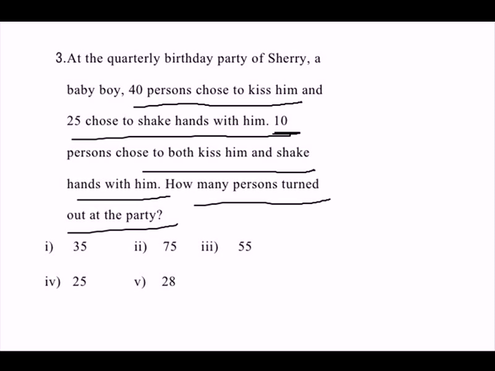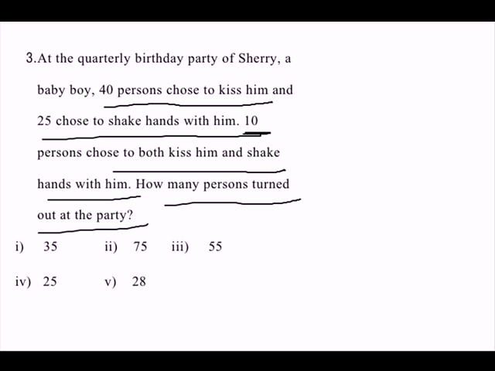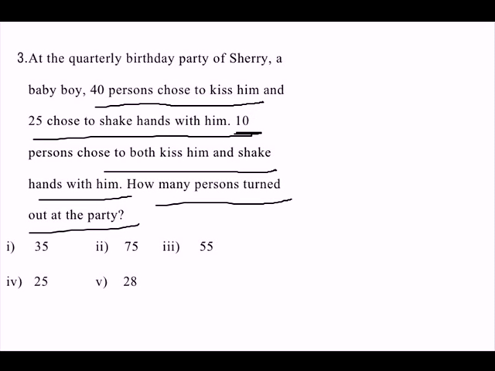Now again, this question is very similar to what we did in the previous one. We represent this information in a Venn diagram, or we can solve it using the set algebra if you cannot draw a Venn diagram for whatever reason, or you're comfortable using direct equation formulae, then it simply depends on your choice.